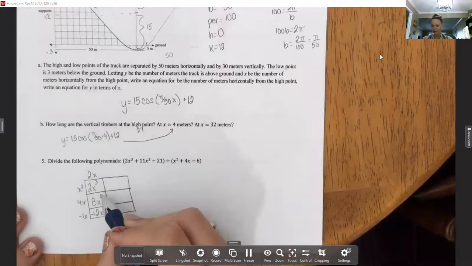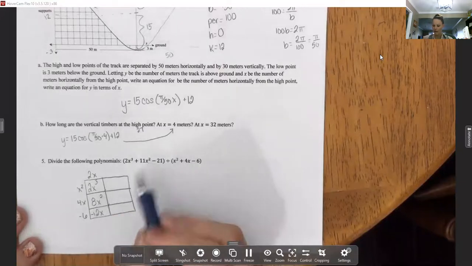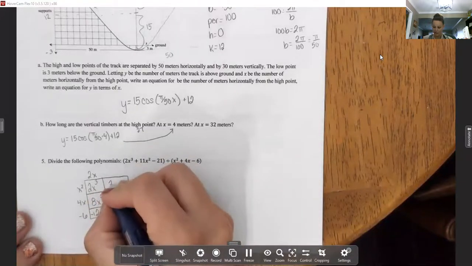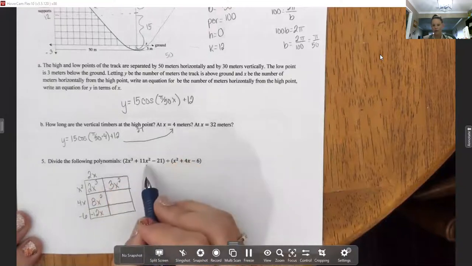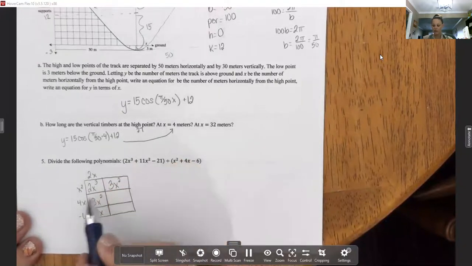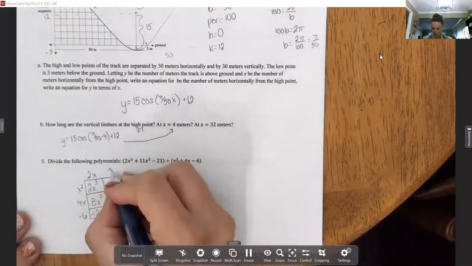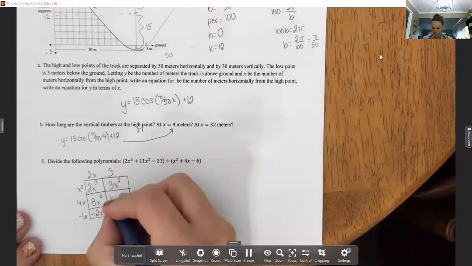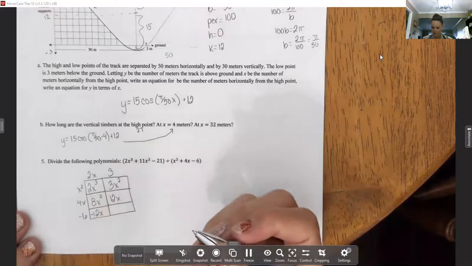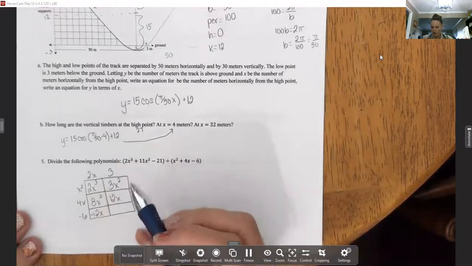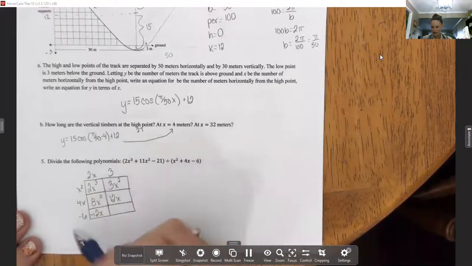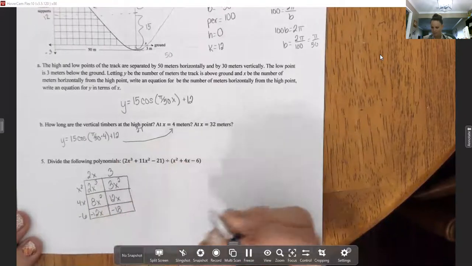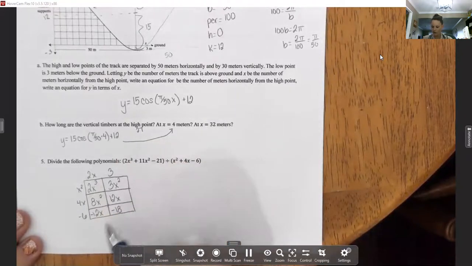So again, these are going to be like terms. So we want 11x squared and we have 8x squared. That makes this 3x squared because we need 11. Well, x squared times 3 is how we get 3x squared. So this gives us 12x. And then 3 times negative 6 is negative 18. So right here, negative 12x and 12x, we have 0 x's left, which is what we want.